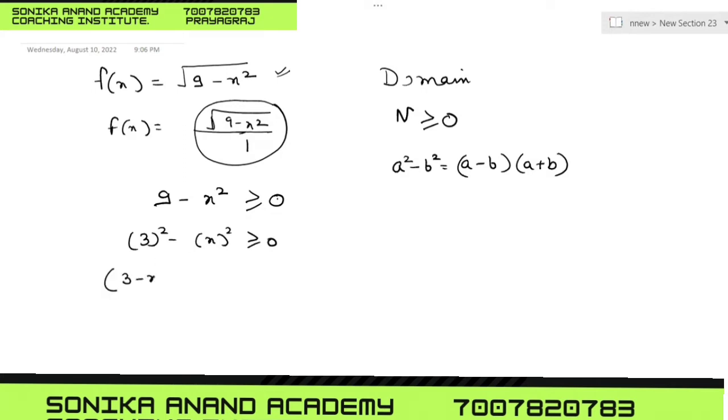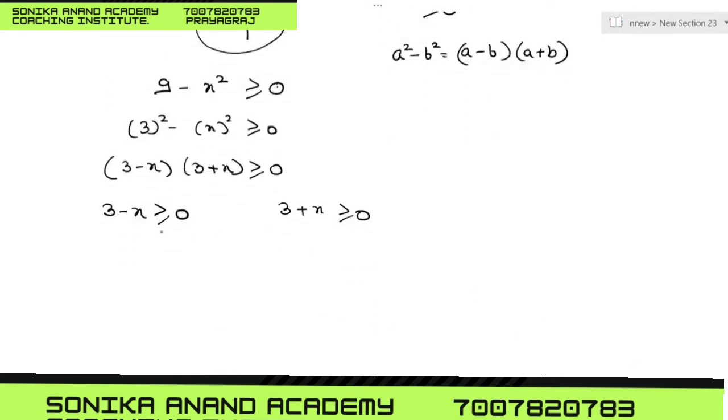So (3 minus x)(3 plus x) must be greater than or equal to 0. Now here 3 minus x must be greater than or equal to 0, and 3 plus x must be greater than or equal to 0. Now from here we find the two values of x. So it becomes minus x greater than or equal to minus 3. Here we have x greater than or equal to minus 3.